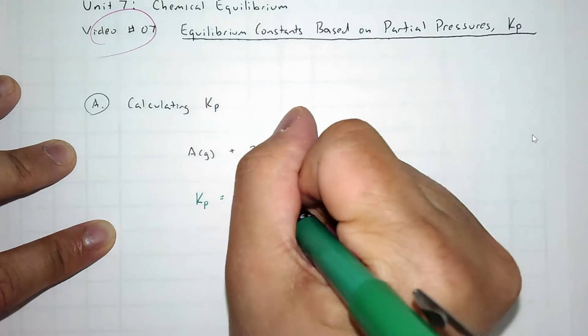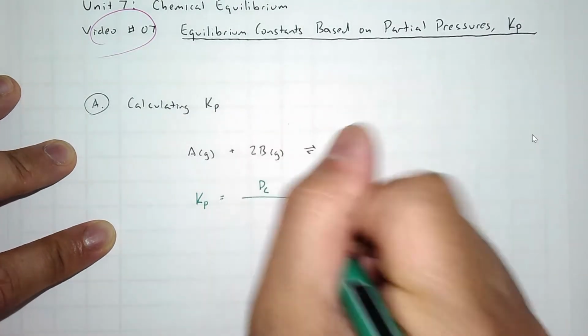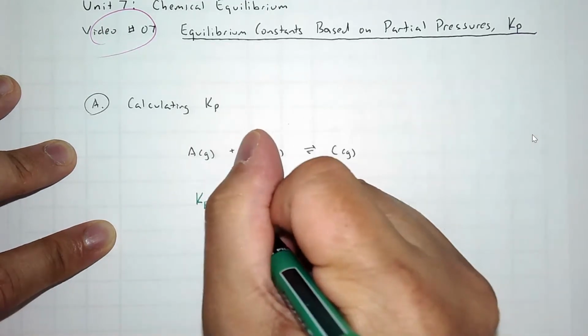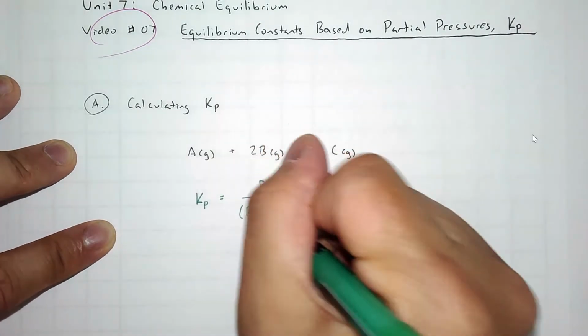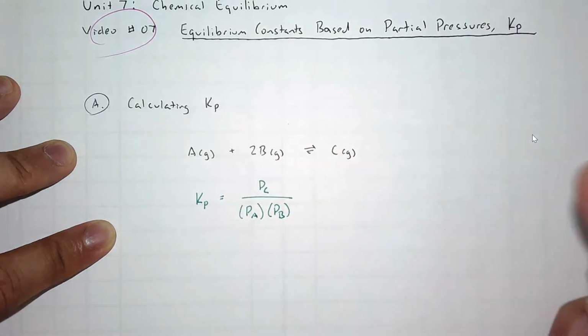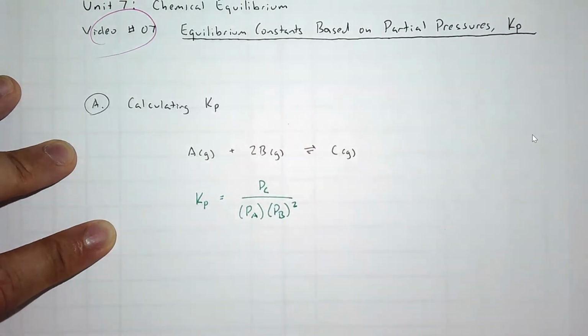Partial pressure of C over partial pressure of A, but we're going to multiply it also with partial pressure of B, so I'll put parentheses. Partial pressure of B, and yes, you're still going to use the coefficient as an exponent, 2, squared.